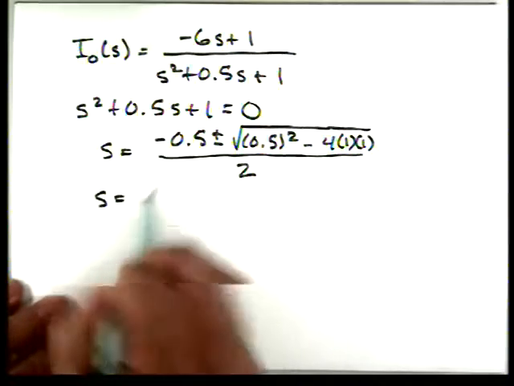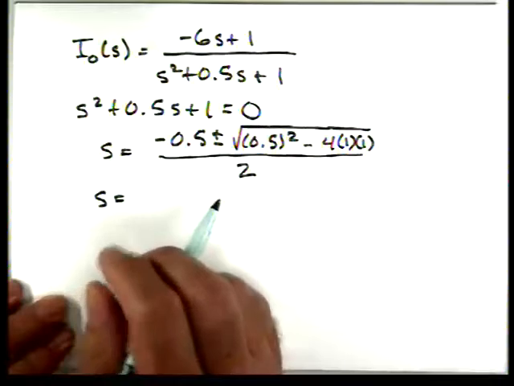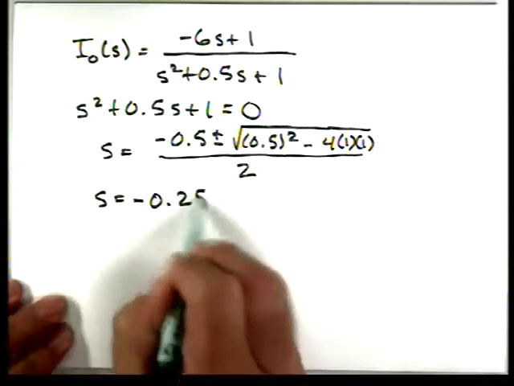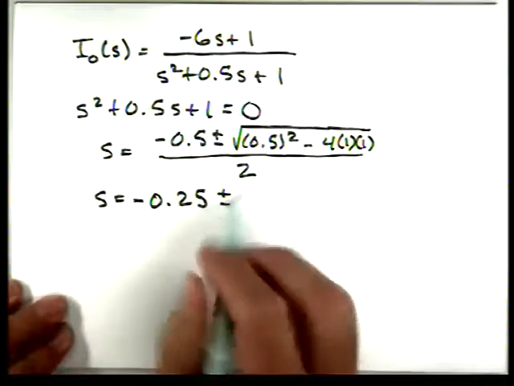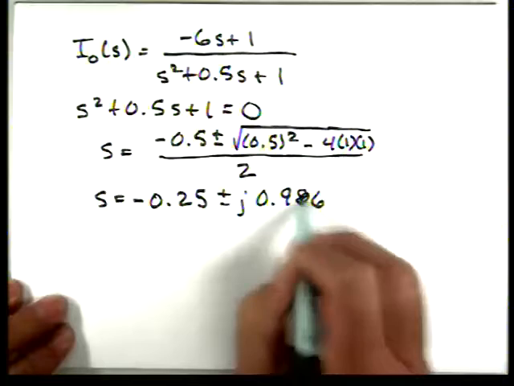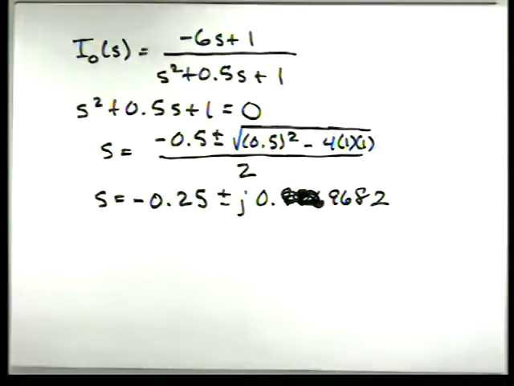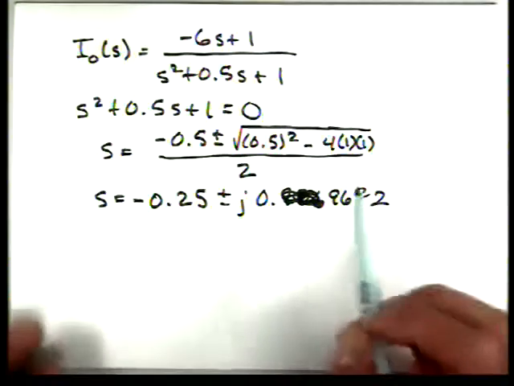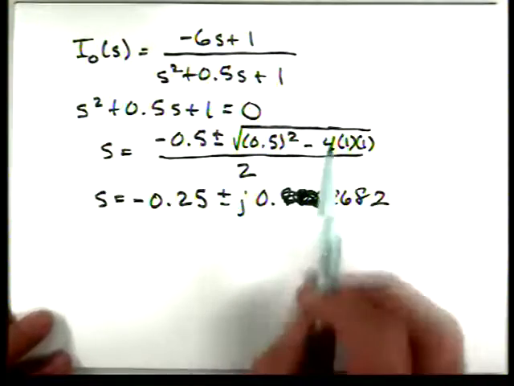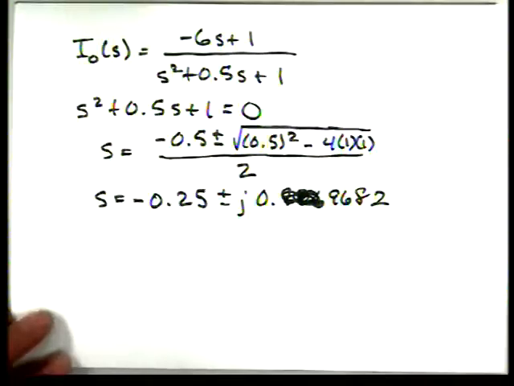So then the roots become minus 0.25 plus or minus j 0.9682. If you look, that comes out from the square root of 0.5 squared minus 4. That's going to be a negative number, so that's how we get the j.